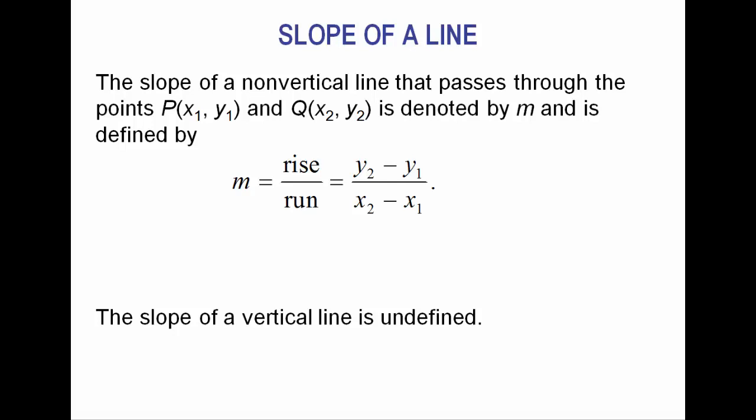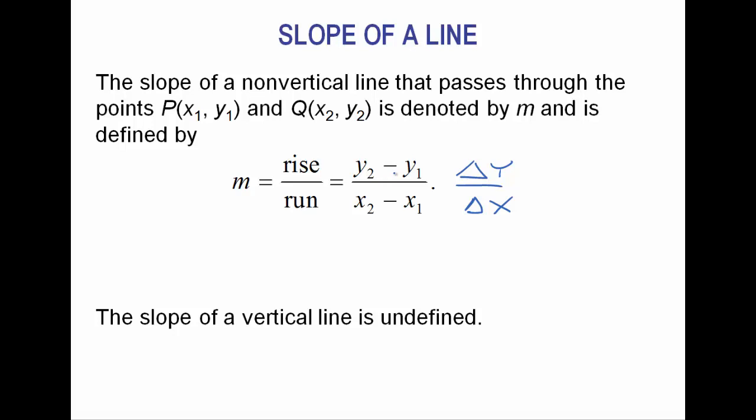Another way of thinking about it is change in y over change in x. And I've used these symbols, those are deltas, to represent change in other videos. And change in y just means specifically how much y changes from one spot to the next. y2 minus y1 is the algebra equation for change in y.